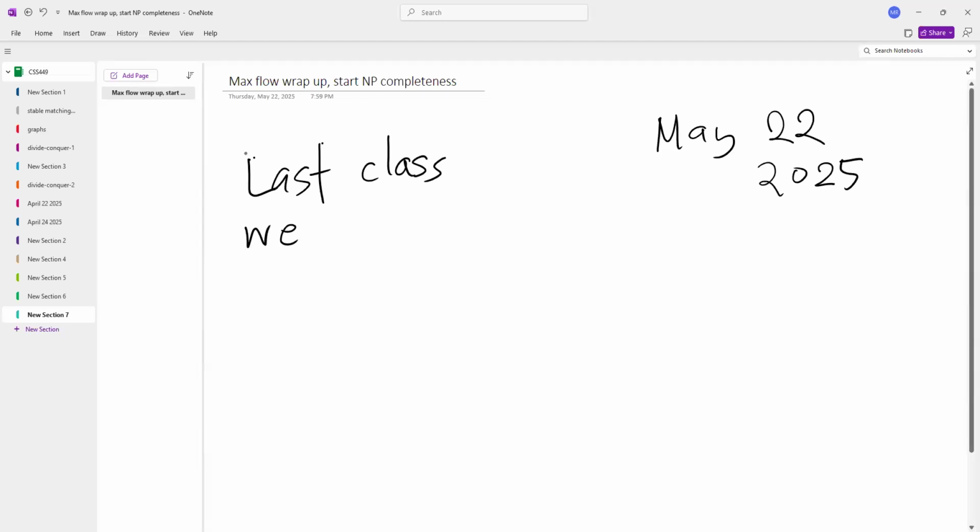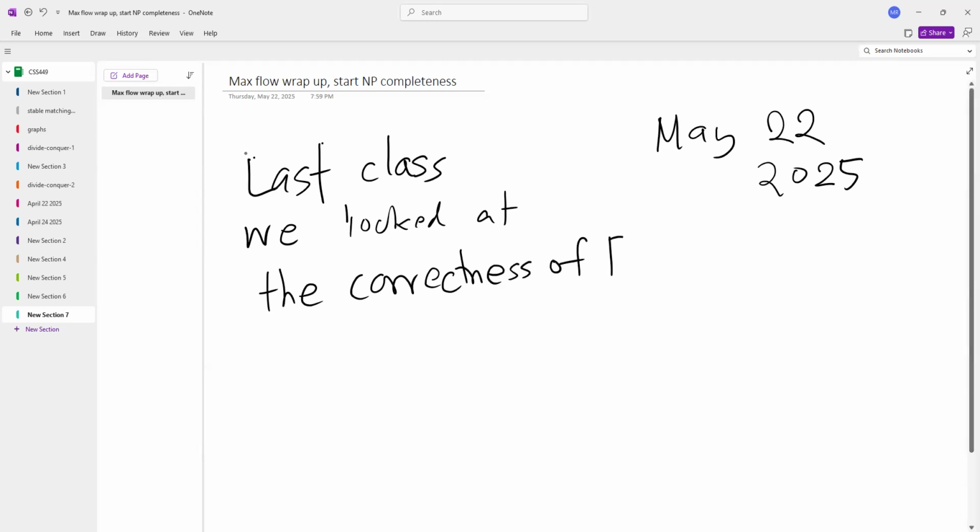last class we looked at the correctness of the Ford-Fulkerson algorithm, right? And what was the theorem that we proved? Do you remember?